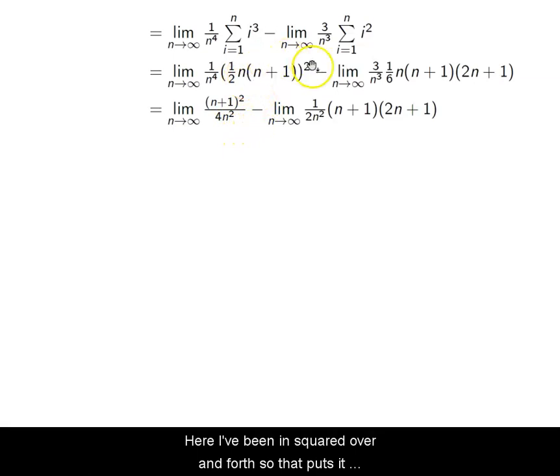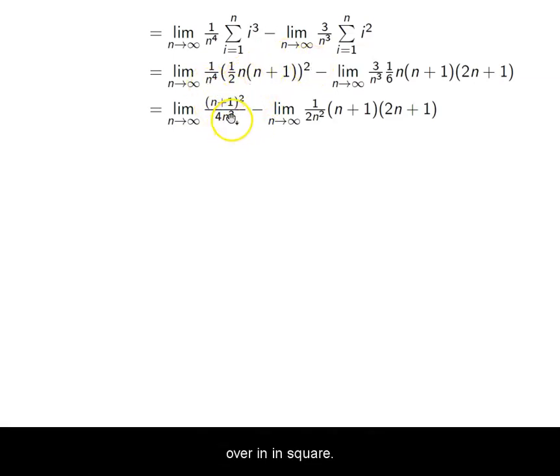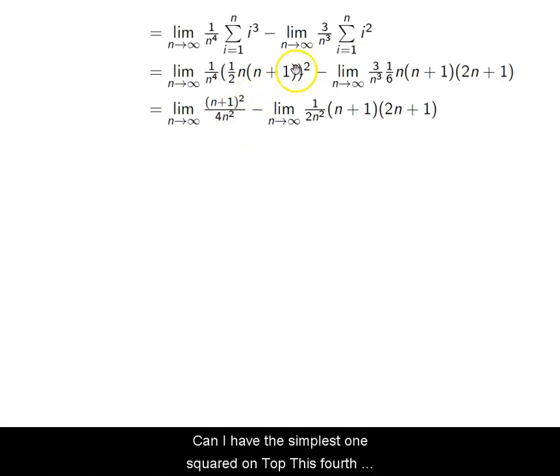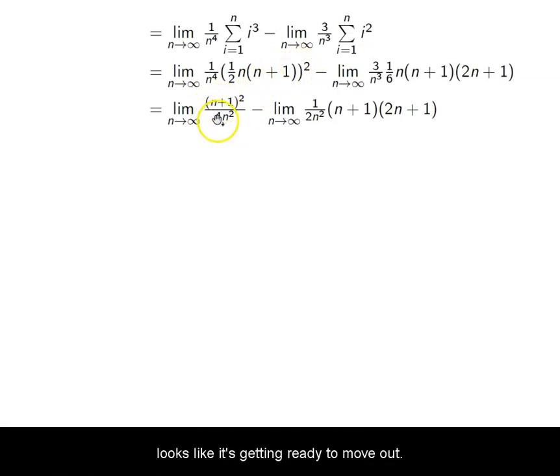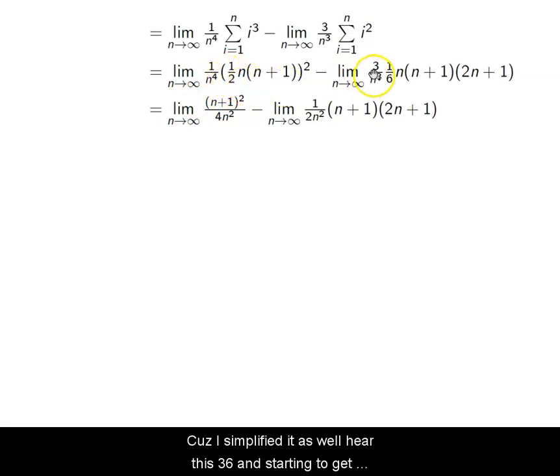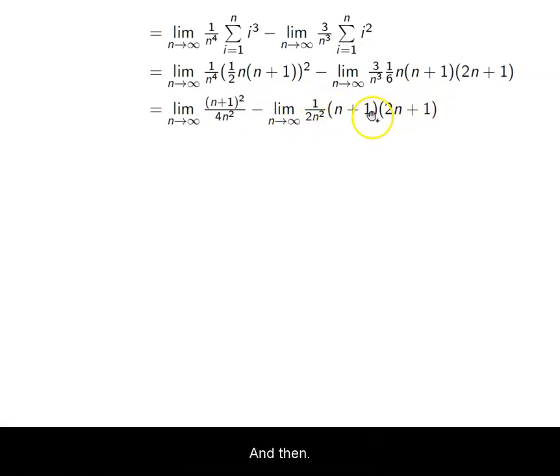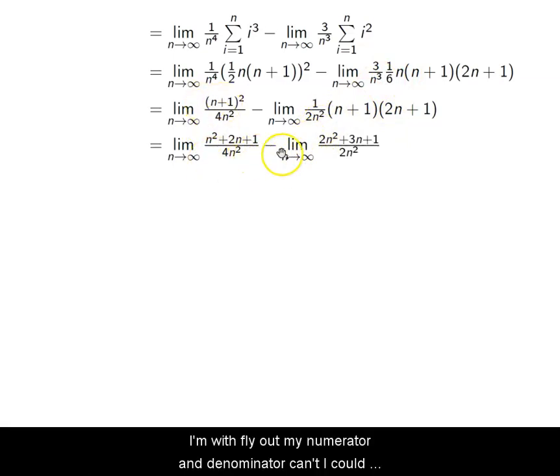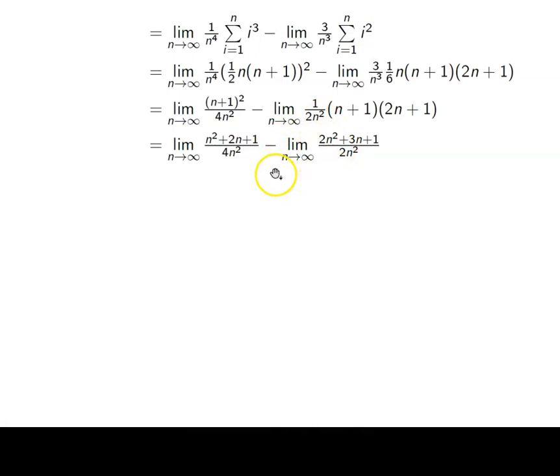Here I have an n squared over an n fourth, so that puts it over an n squared. Then I have this n plus 1 squared on top. This 1/4 looks like it's getting ready to move out because I simplified it as well. Here this 3/6 is starting to get ready to move out. And then n over n cubed leaves me with an n squared. I multiply out my numerator and denominator. Okay, I could have pulled out this 1/4 and 1/2, but it looks like I'm waiting for some reason.